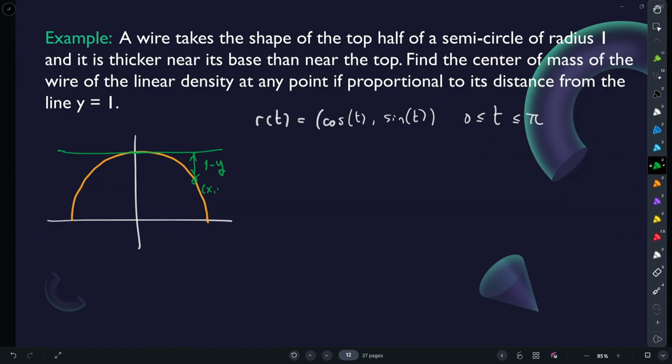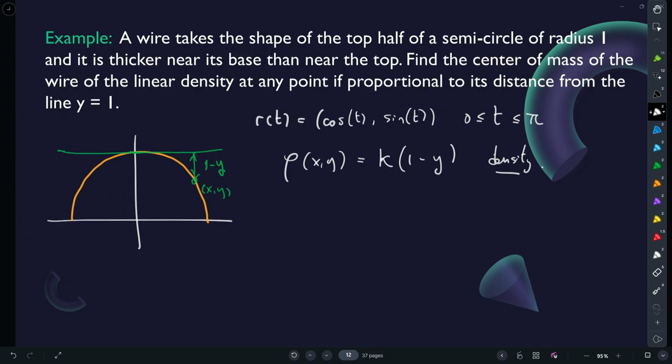This is the point x, y. The distance is 1 minus y, and the density will be proportional to that, so some constant times 1 minus y. So the density at any given point is given by a constant k times 1 minus y. It turns out it doesn't depend on the constant k. The constant will just eventually disappear from our calculations, but this is the density.